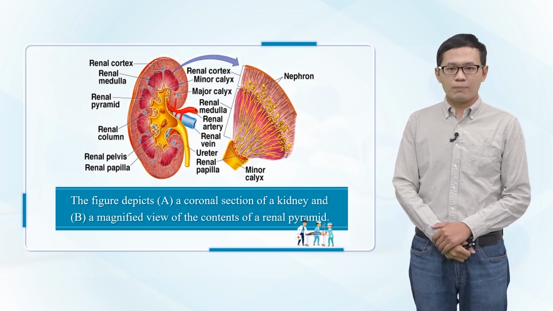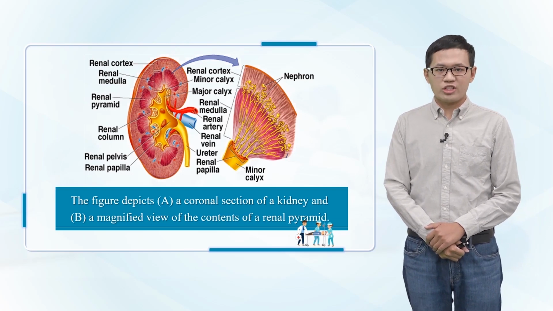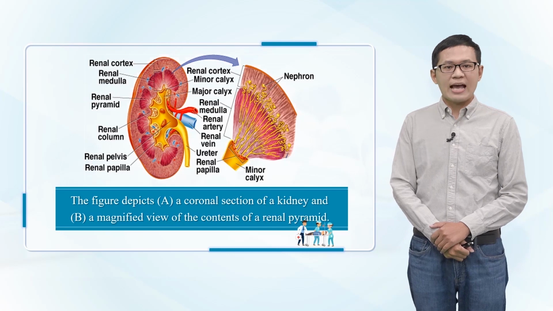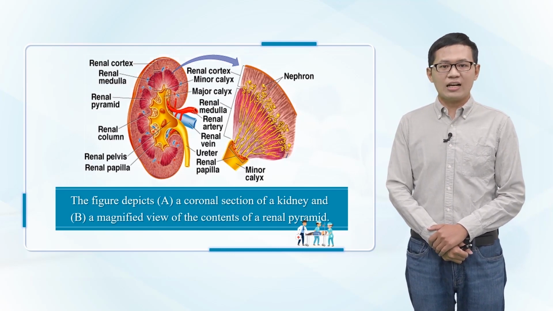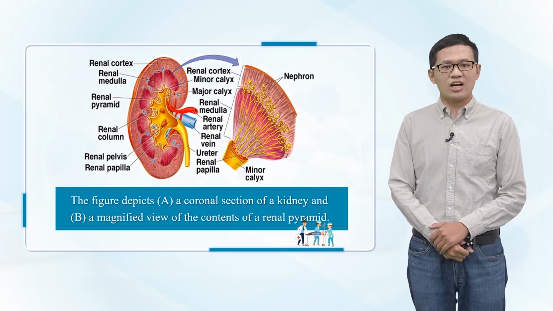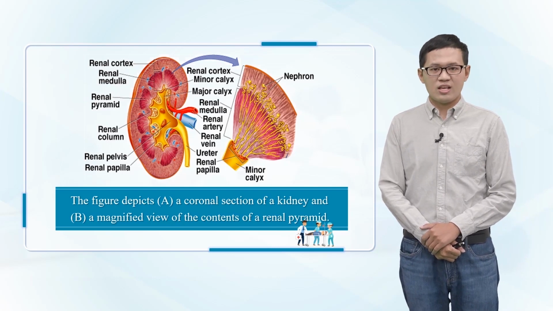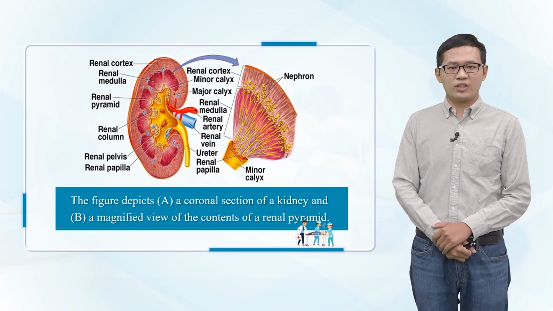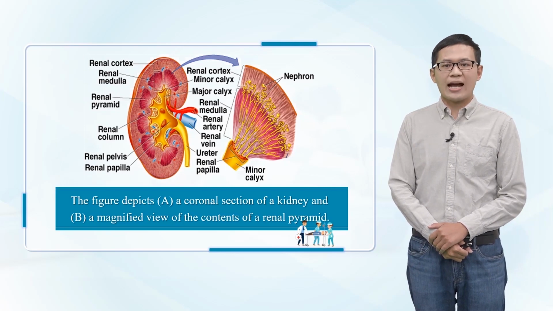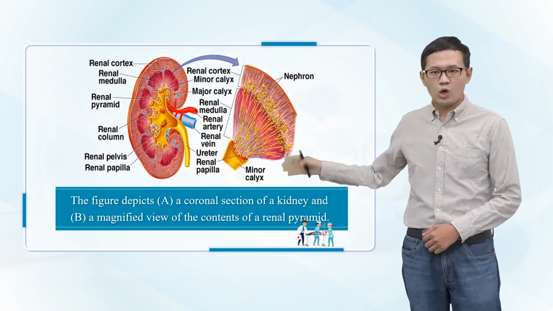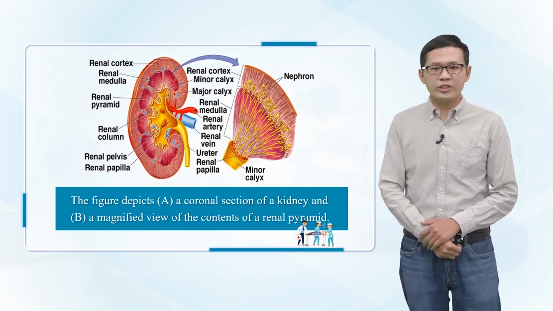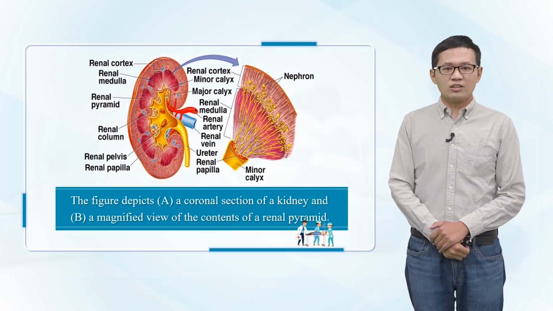Beneath that is the medulla, a set of cone-shaped masses of tissue that secrete urine into tiny sac-like tubules. And finally, the innermost layer is the renal pelvis, which moves the urine out of the kidney into the ureter and into the bladder.